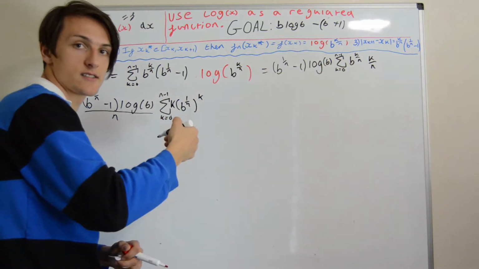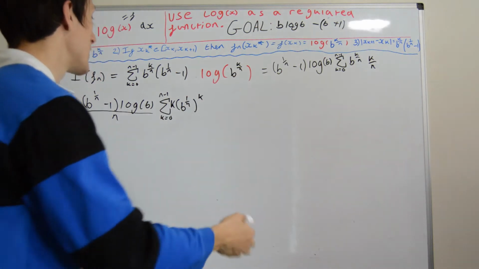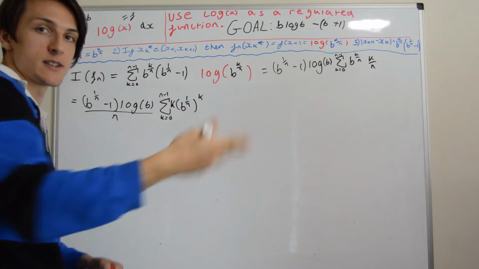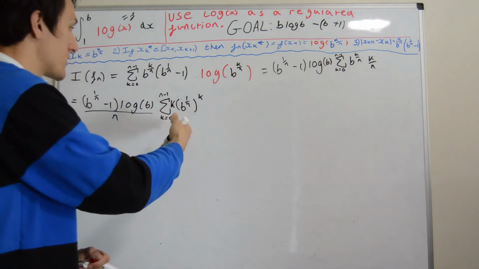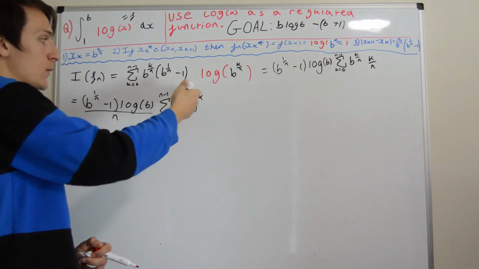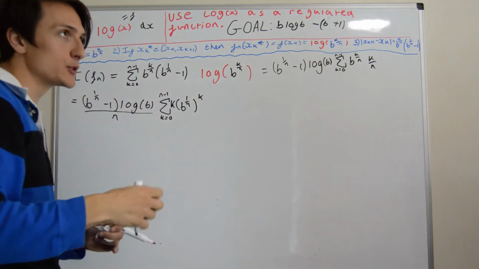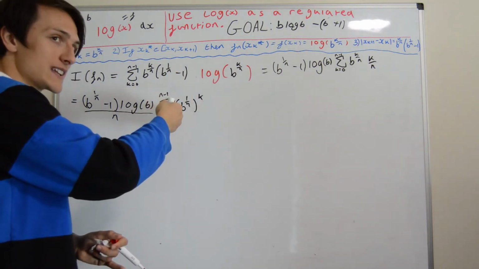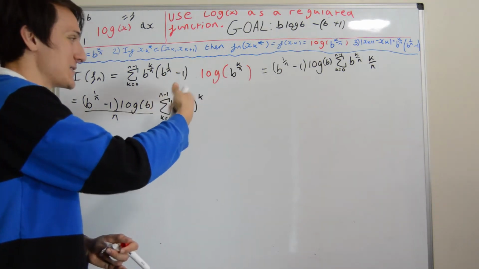Then let's look at this and see what we can do. We're going to try and evaluate this. Well, this looks quite similar to differentiation. This is something that I've done before on the channel, because we have a power, and then we have a multiplicative factor at the front, which is similar to the power.